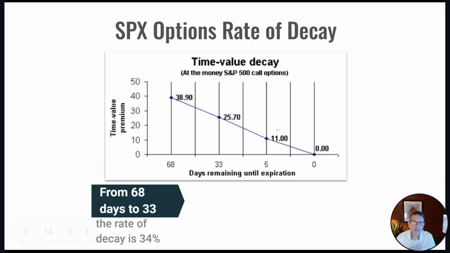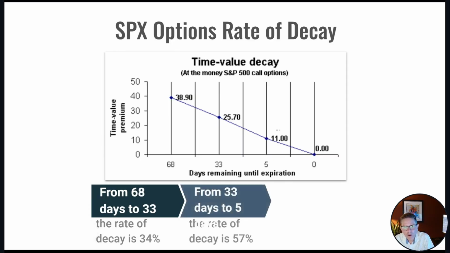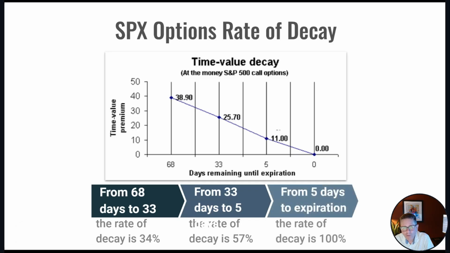You would decay until your expiration's gone. From 68 days to 33 days, the rate of decay is 34%. From 33 to 5 days, the decay is 57%, and from 5 days to expiration, the rate of decay is 100%. So the closer you get to that expiration, the faster the decay happens.